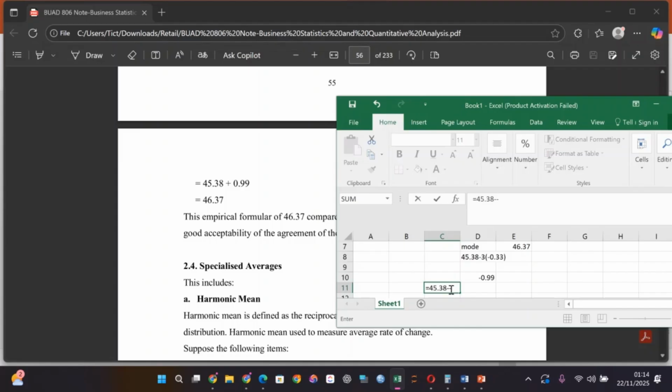You understand? Because it's supposed to minus and then still minus another value, then it will minus 0.99. Then it will give me the value. That is why I'm breaking it down like that. Can you see that it gives me the value again? When I put everything together, it gives me the value. But when I break it down step by step to this level, it gives me this. Are we together?